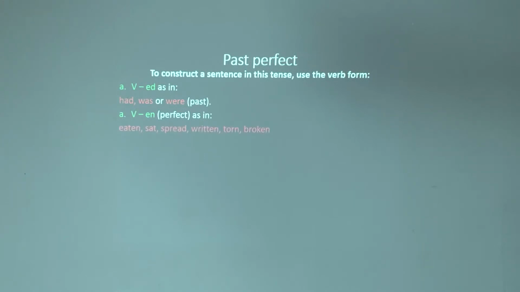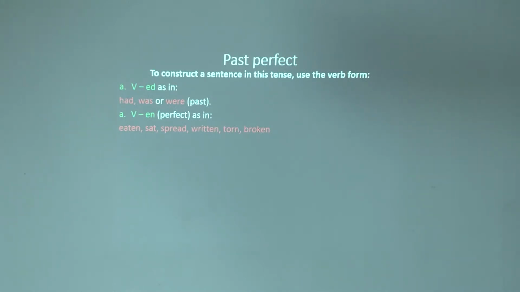Examples like this, as we have studied: eaten, sat, spread, written, torn, broken. Let's take note of this verb, spread. It's a verb that doesn't change its form throughout. Spread doesn't change its form throughout. The other day we mentioned other verbs as well.